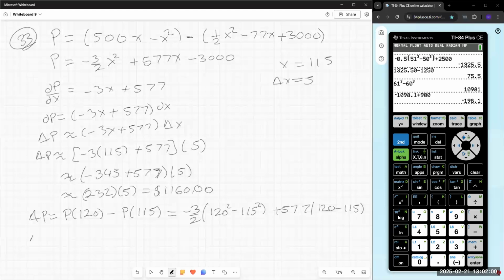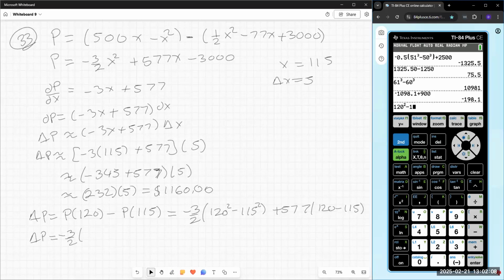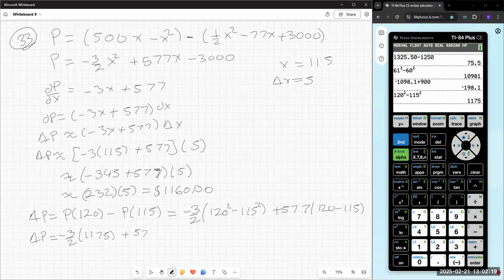So delta P is exactly -3/2 times 120 squared minus 115 squared, which is 1175, plus 577 times 5.